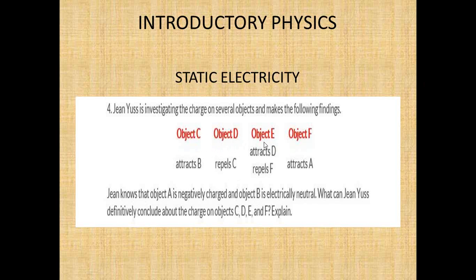E is positive and F is positive, so they repel each other. D is negative and E is positive, so they attract. F is positive and A is negative, so they attract each other. So you just have to work it out.